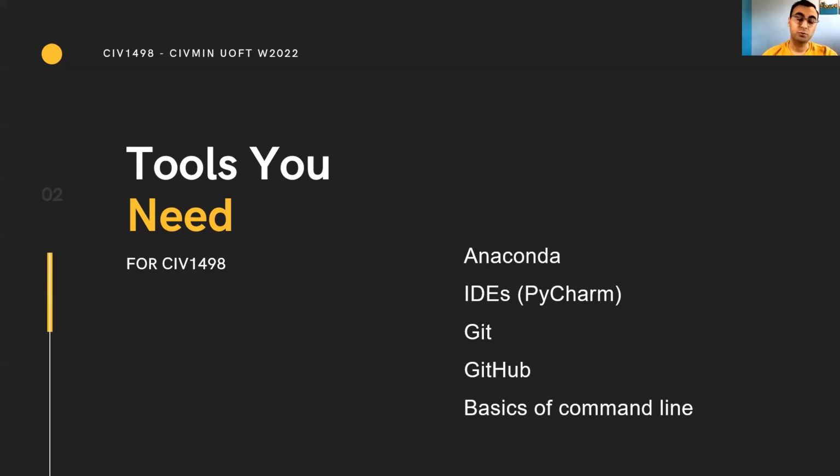Then I'm going to really briefly introduce you to the basics of the command line interface, how we could command the machine using some text instead of the general GUI or graphical user interface, and why this might be helpful for you for this course. So let's start with Anaconda.